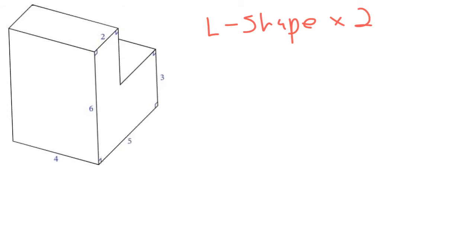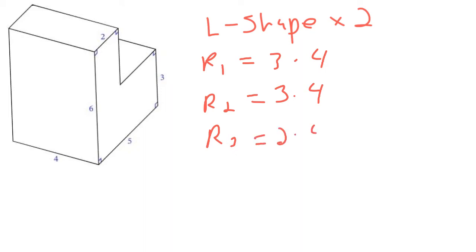So I could just write each one down. Rectangle 1 has the dimensions of 3 by 4, rectangle 2 has dimensions of 3 by 4 again, rectangle 3, which is going to be this top one, has dimensions of 2 by 4.